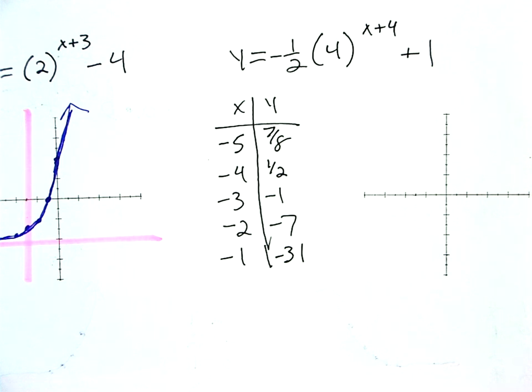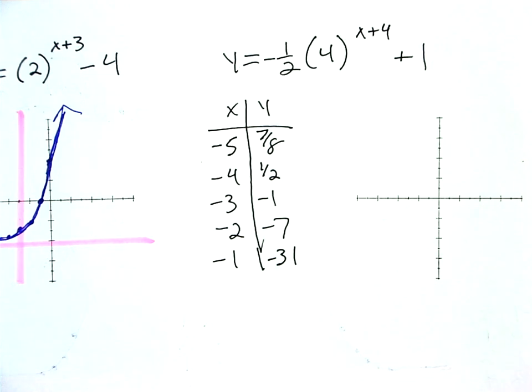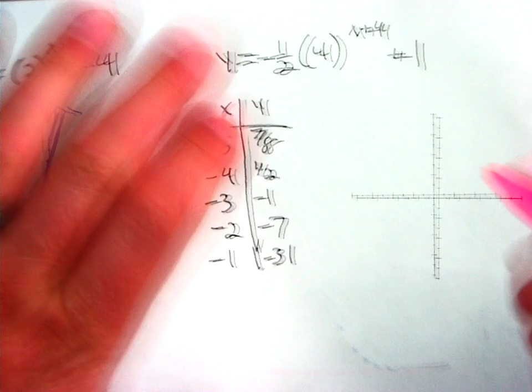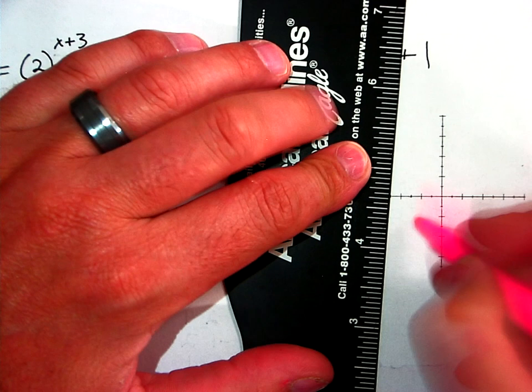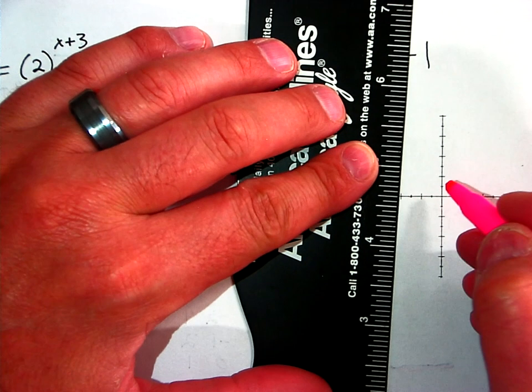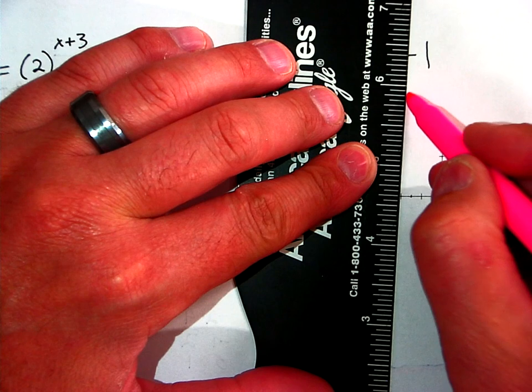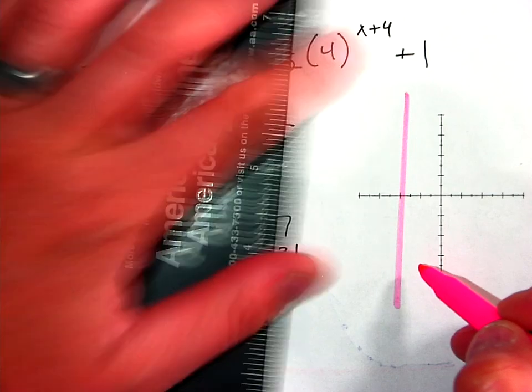All right, so let's go ahead and graph it. Now, I know that my asymptotes are going to move. I know it's going to be to the left 4. Yep, that determines your asymptote. And then it's going to be +1.